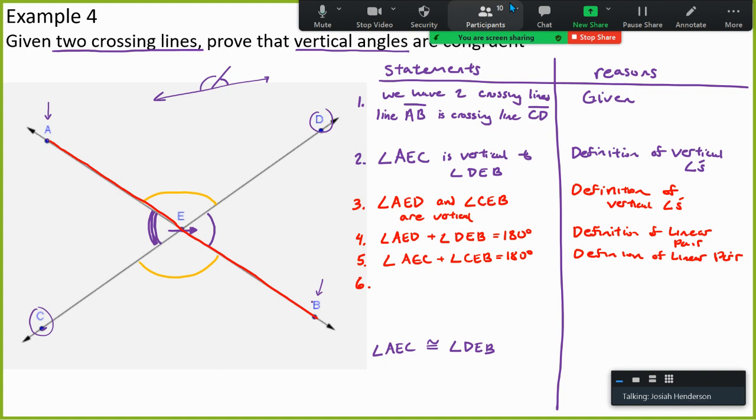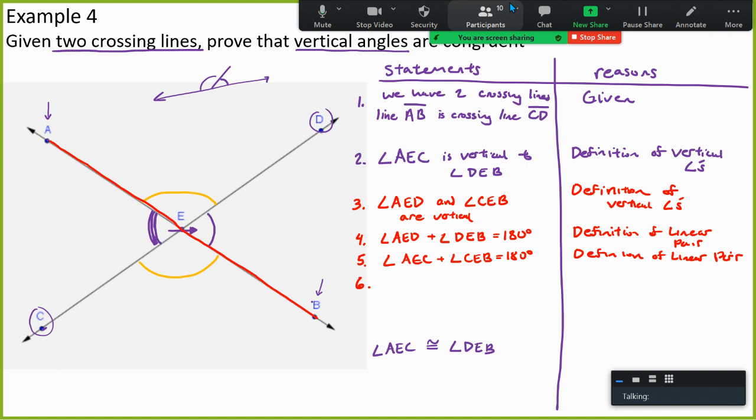I wanted to put the two equations equal to each other, the two different sums of angles, but then I thought I could subtract out something that would be the same as each other and then have AEC congruent or equal to DEB at the bottom. But I don't think we can do that because we don't know that we can subtract yet if they're not technically equal to each other yet, because that's assuming what we're trying to prove.